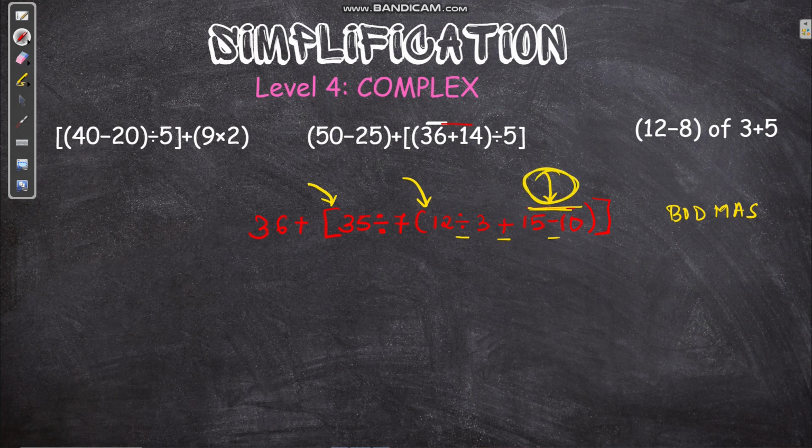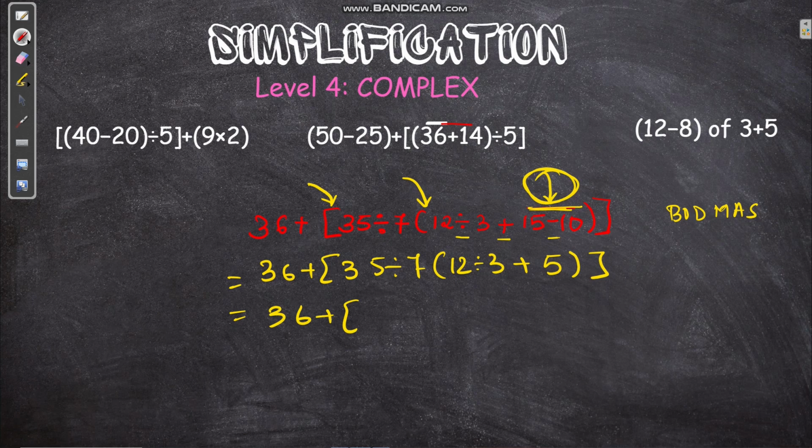So I'll write 36 plus 35 divided by 7. I'll keep this as it is, I won't do anything to this, plus 15 minus 10 is 5. I'll close this bracket. So 36 plus, this is 35 divided by 7.